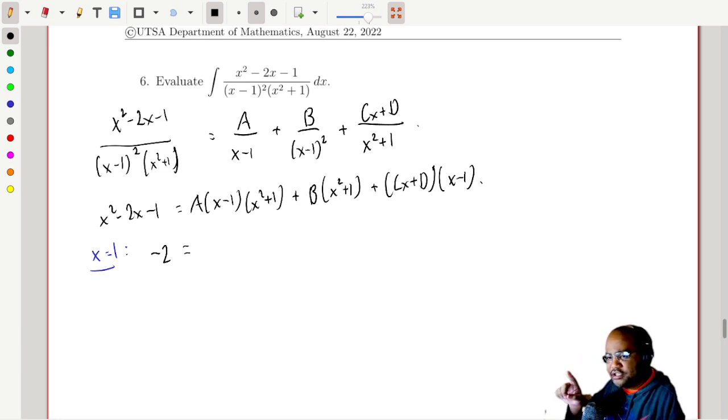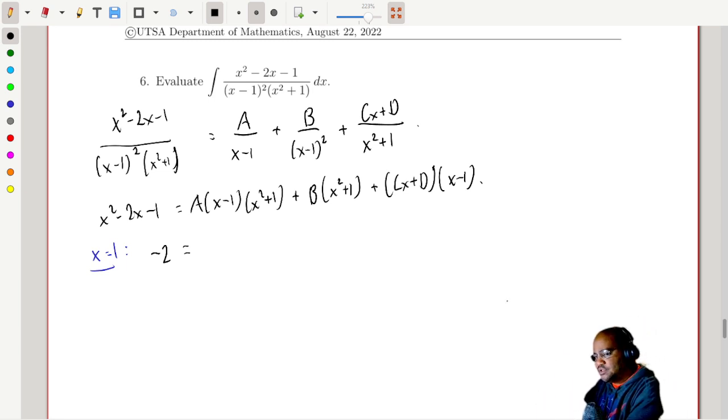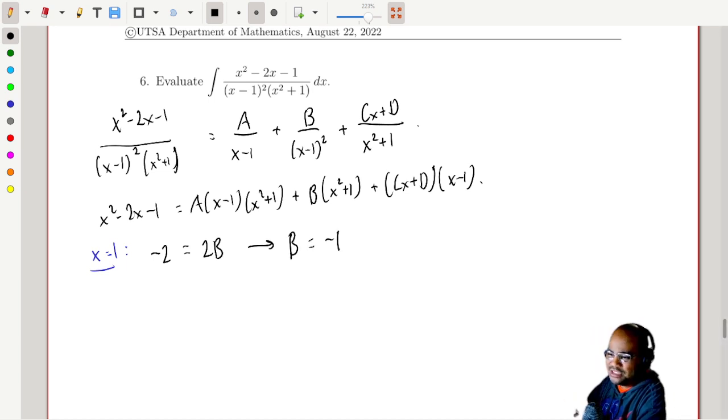So the A vanishes, the C and the D vanish at the same time, thankfully. So we just have x squared plus 1, so 1 squared plus 1, that's 2, times B. And the answer is B is equal to minus 1. Solve for B there, simple.